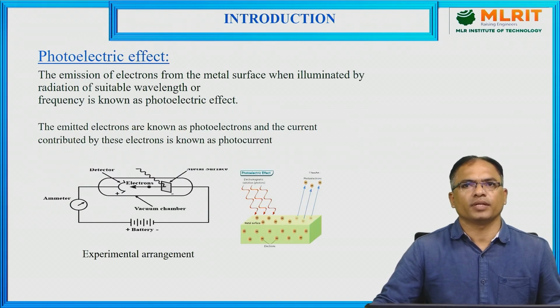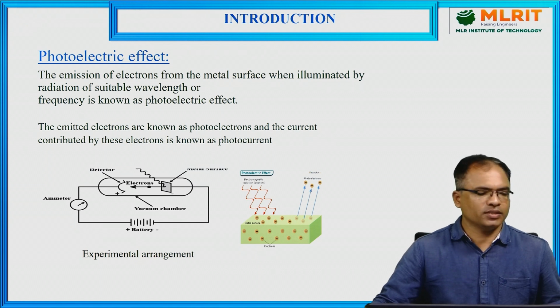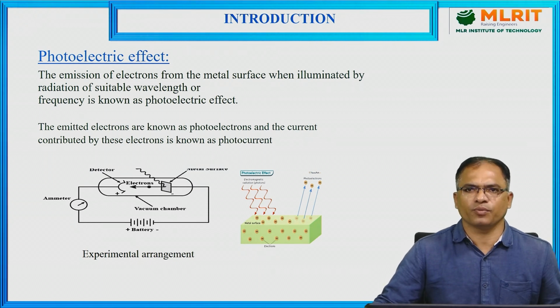So coming to introduction, before going to discuss about photoelectric effect, first of all we should know about the dual nature of radiation. Radiation is said to have dual nature. It is proved already. Radiation has both particle properties as well as wave properties.